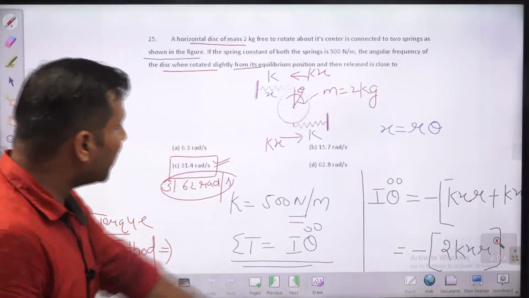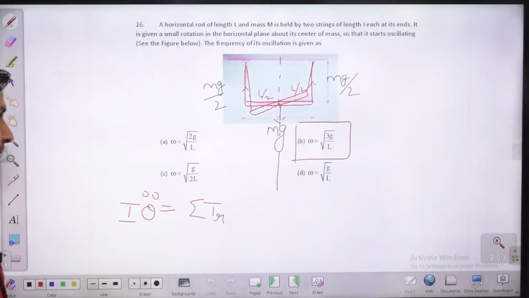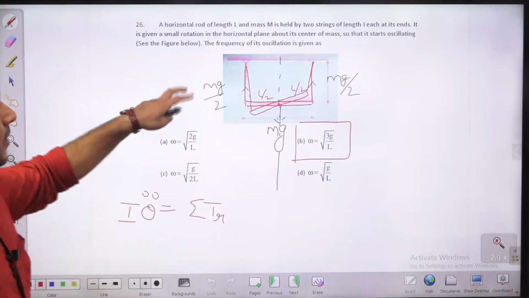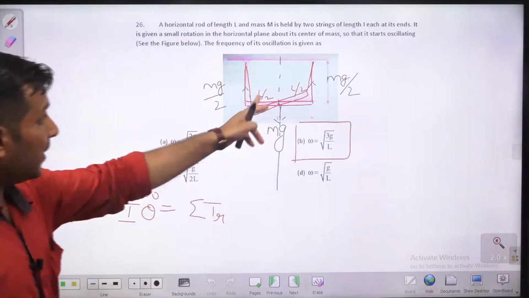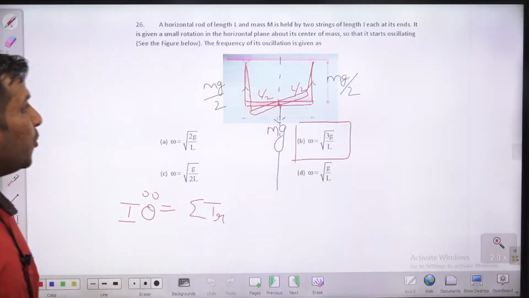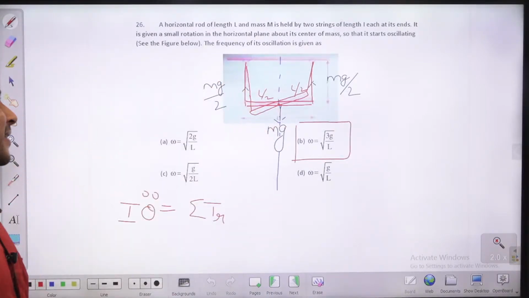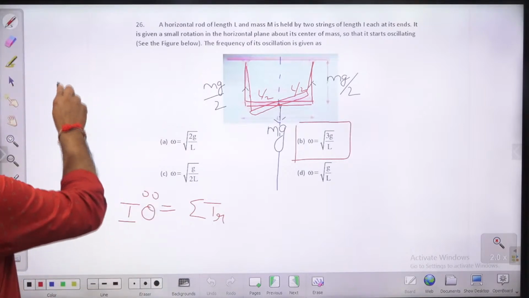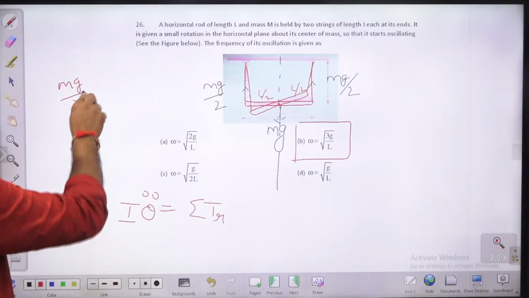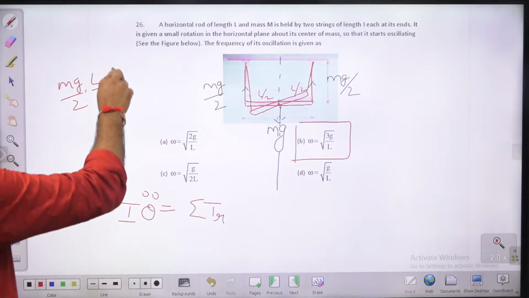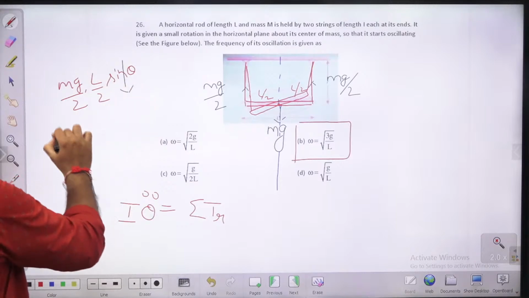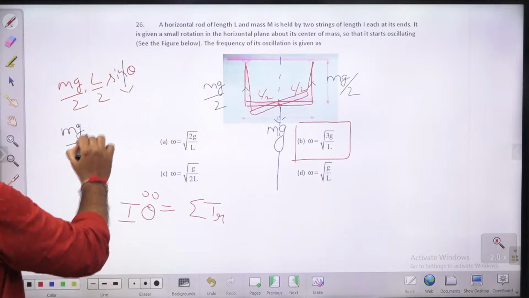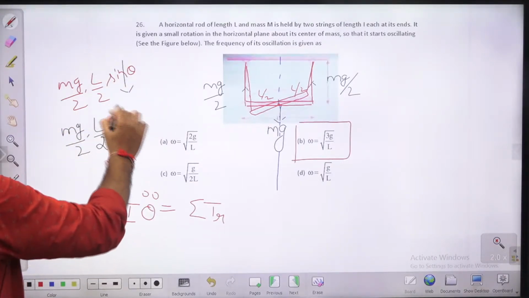ये आपको जरूर ट्राई करना चाहिए, the questions related to the torque method. Already I have given you the idea. Both the sides, the tension will be the same. The perpendicular distance will be L by 2, but you need to take some angle, that is sine theta. So the restoring force will be mg by 2 into L by 2 sine theta. Further, for small angular displacement, sine theta you can write as theta only. So mg by 2 into L by 2 into theta.